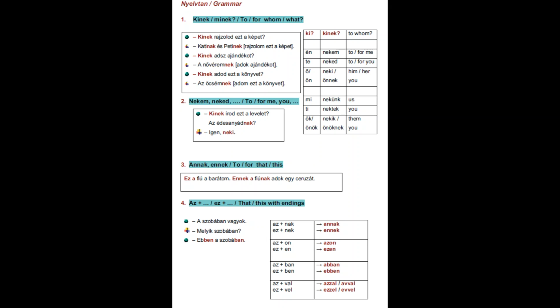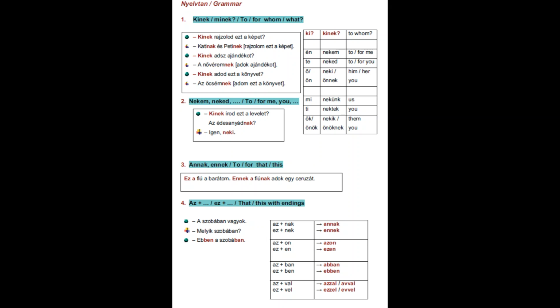Ez a fiú a barátom. Ennek a fiúnak adok egy ceruzát. Remember, the ceruza is pencil. Ceruzát has the T. This is the main point in the sentence, that pencil.